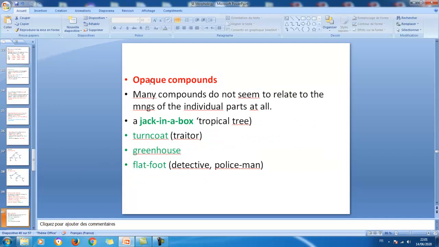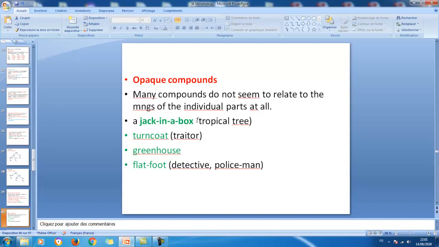Now, this leads us to the question of opaque compounds. This means that many compounds do not seem to relate to the meanings of the individual parts at all. Which means here, for example, Jack in a box, the meaning of this compound has nothing to do with box, with Jack, or this preposition and this indefinite article.